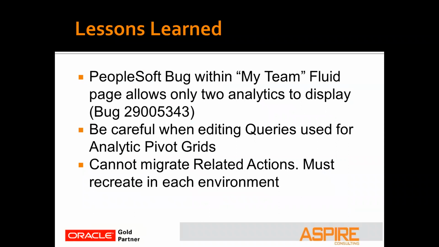So in working through the analytics, there are a lot of lessons I've learned, and there are some bugs. One of the bugs that is a little annoying is the My Team Fluid page only allows 2 analytics to display.